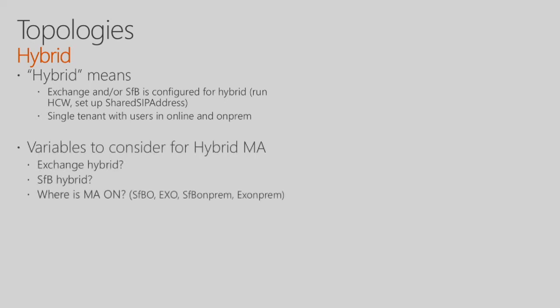Now, the other variable that we have to consider in hybrid, so you have to think about whether Exchange is hybrid, whether SFB is hybrid, and then also where you have modern auth turned on. Because in that hybrid configuration, there are 4 servers that you can turn it on for, okay? Exchange Online, Exchange On-Prem, Skype for Business Online, Skype for Business On-Prem. And your user experience and whether you're able to turn on modern auth for each one of those boxes varies, okay?